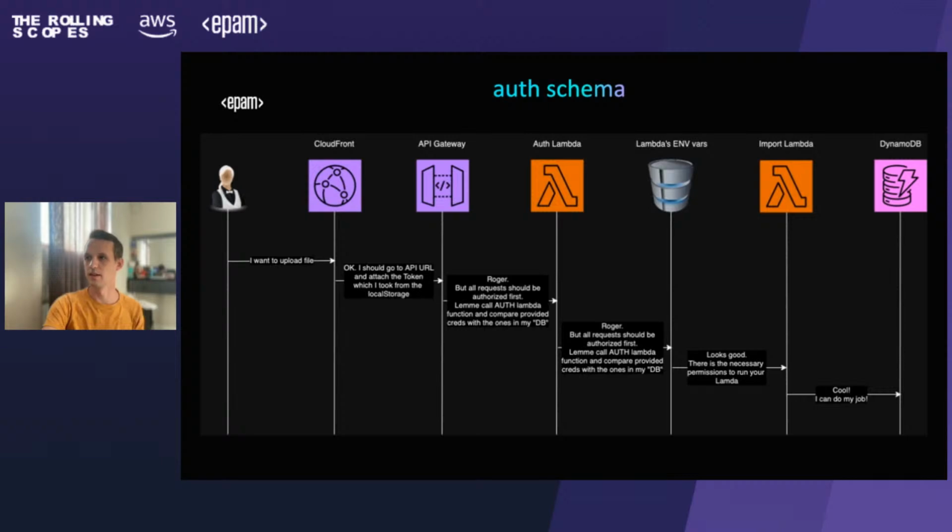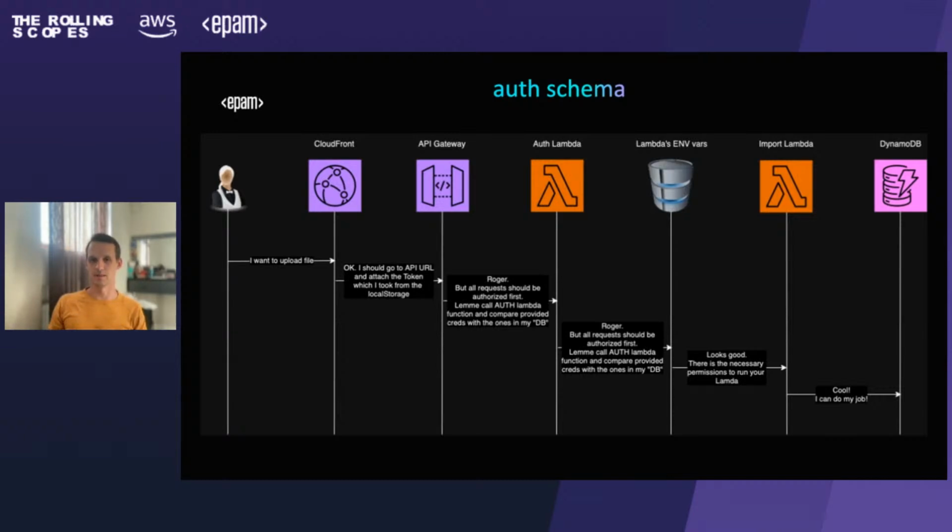Let's take a look once again at the schema. Now we are talking about the API gateway. Whenever the API gateway gets this request, it says, okay, this is a request, but I should first authorize it. It takes the token which has been provided from the front-end part and tries to compare it with the existing token.